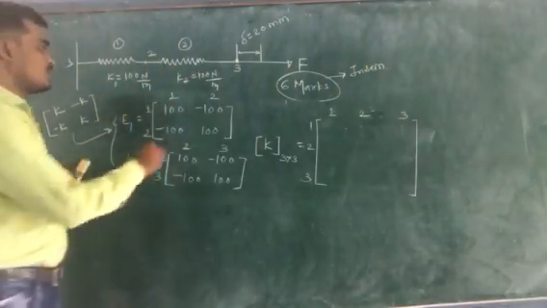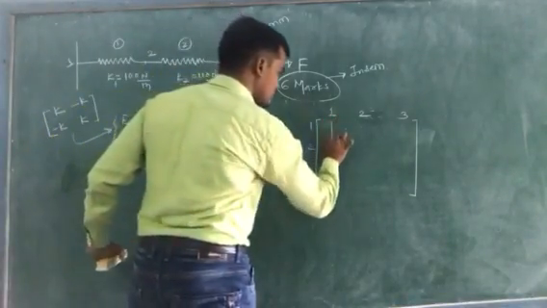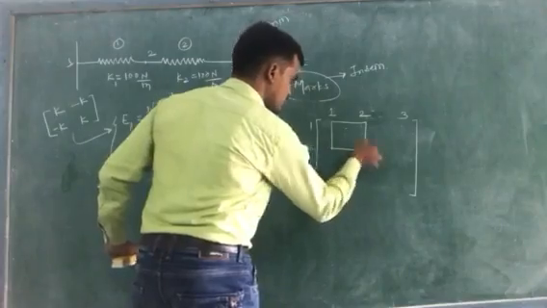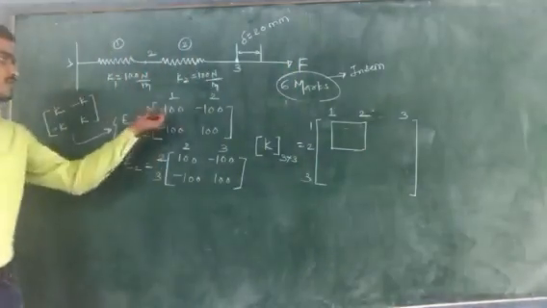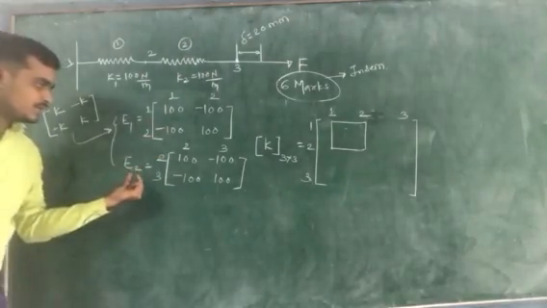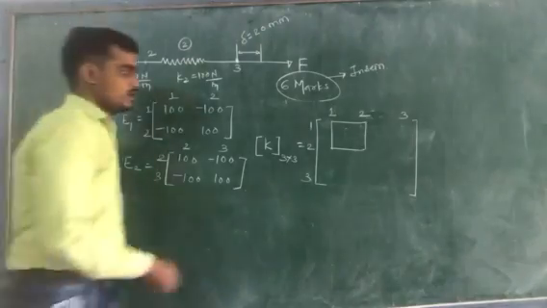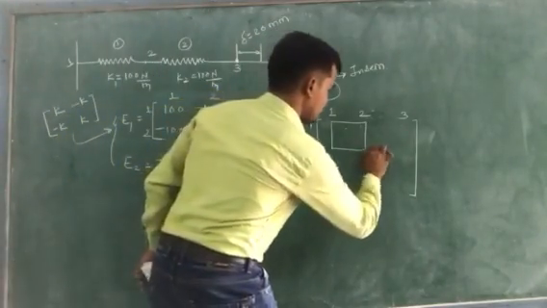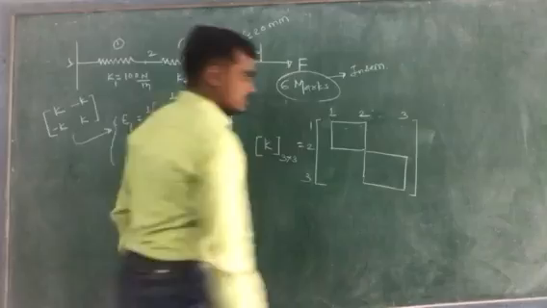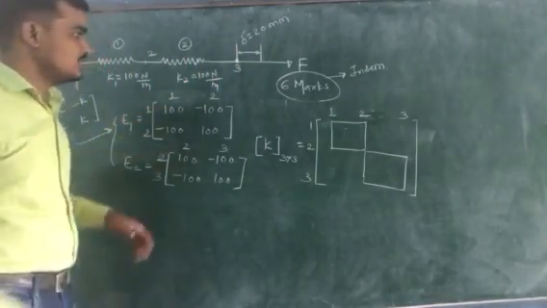Now put E1 into position between 1 and 2. Then E2 between node 2 and 3, or between position 2 and 3. So it will be mapped here. Similarly, write down the elements here.